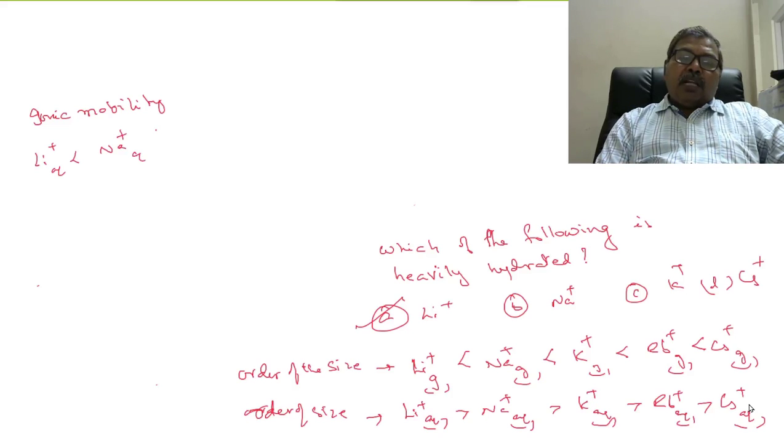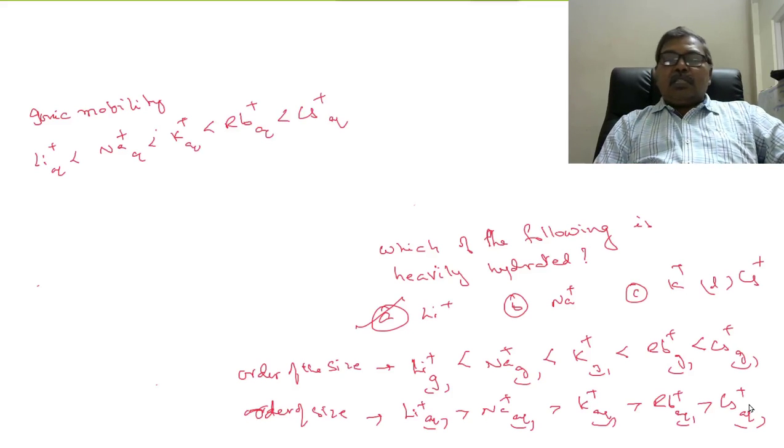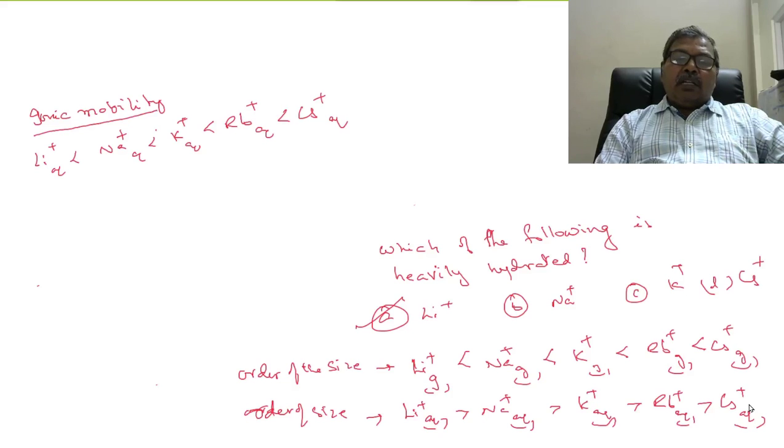Aqueous Li+ is less than Na+, less than K+, less than Rb+, less than Cs+. This is the order of ionic mobility. So that means the speed of Li+ ions in the solution is very, very less because its size abnormally increases. So large size moves slowly, small size moves fast. Therefore, this is the order of ionic mobility.